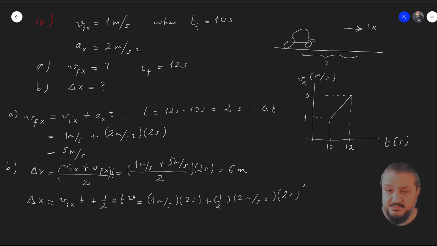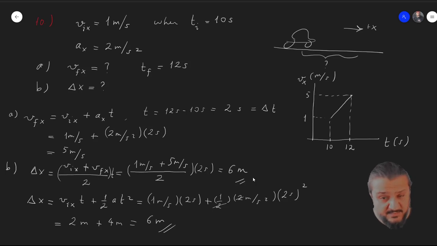It's t squared. So this gives you 2 meters plus 2 times 2, 4 meters, which is 6 meters. So both formulas give you the same answer.